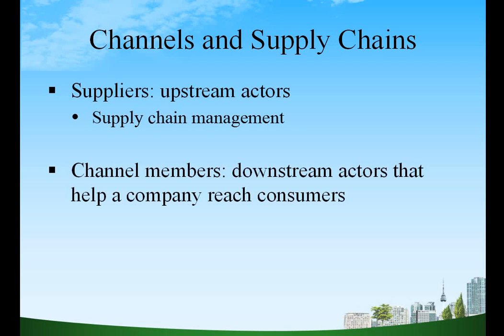Channels and the supply chain. Before that, we'll understand the suppliers. The suppliers are the upstream actors, which is determined under supply chain management. And the channel members are termed the downstream actors who help a company reach the consumers.